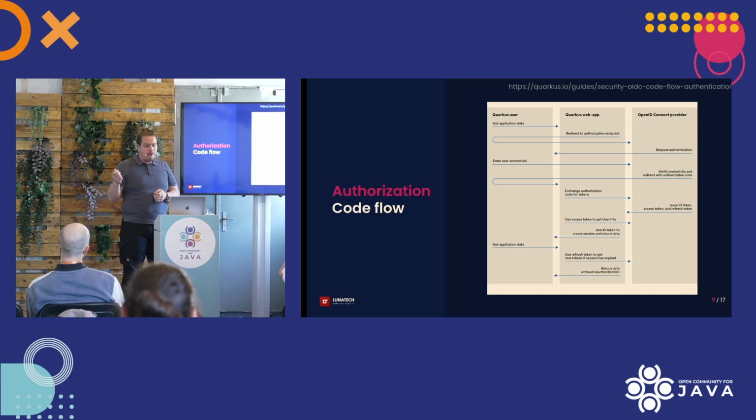So the OpenID Connect provider generates his authorization code. Then the user goes back to the web app, he's redirected, and he uses this authorization code to exchange it for the token. So in the backend, we'll use the client credentials together with the authorization code to get the actual ID token, access token, and refresh tokens.